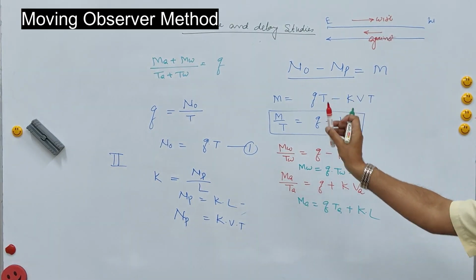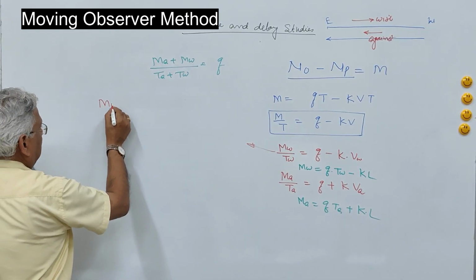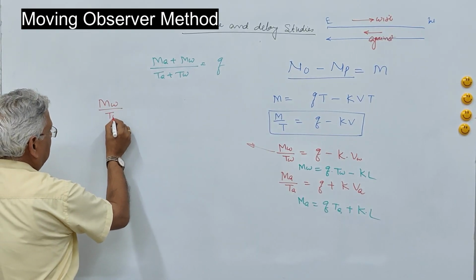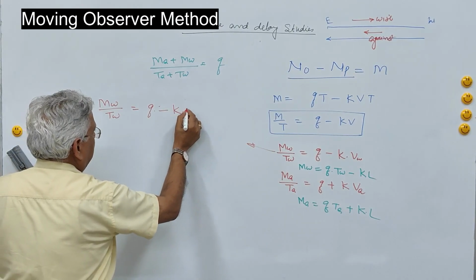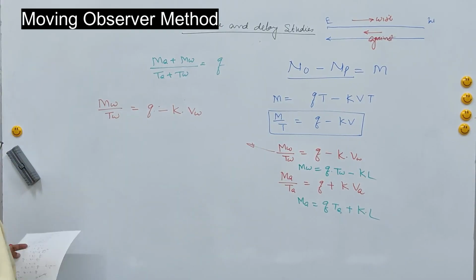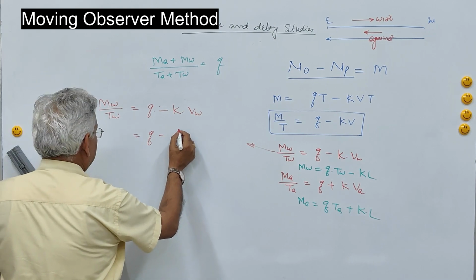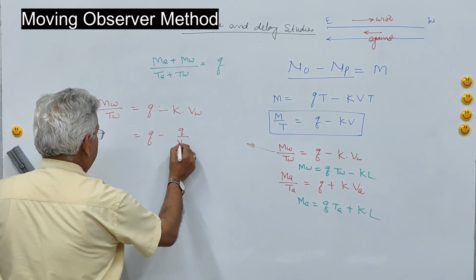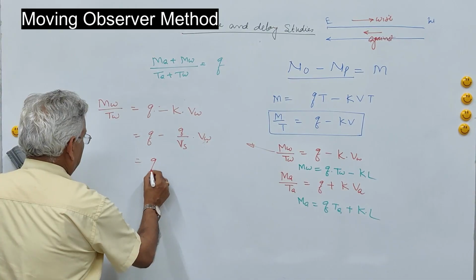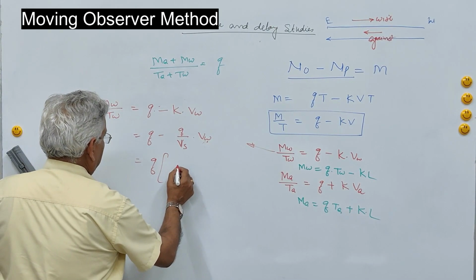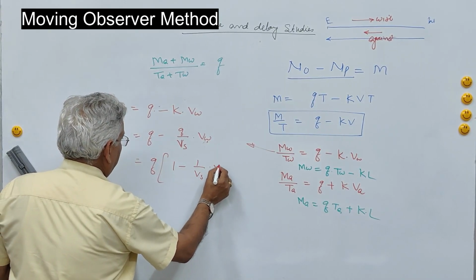And if you know flow, now you can use this equation again to get the stream speed. mw upon tw is equal to q minus k into vw, or this can be q minus q upon vs into vw. This is equal to q into 1 minus 1 upon vs into vw.